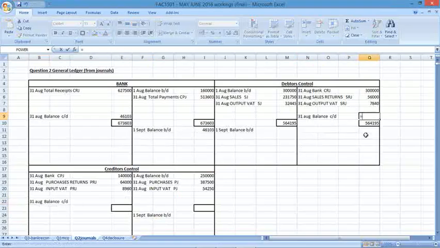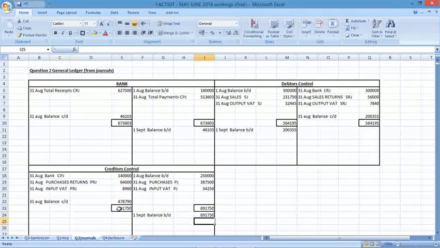To balance this account, I'm going to take that total minus those amounts there to get the balance that I'm going to carry down. Same thing with creditors. You would expect this side to be bigger, so I sum up those three figures, and that amount equals this minus that minus that minus that gives me the difference.